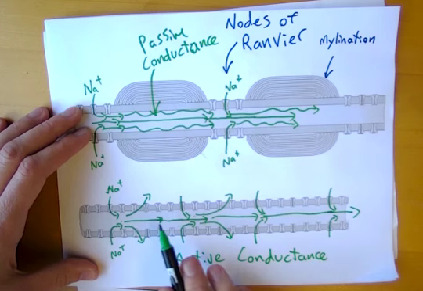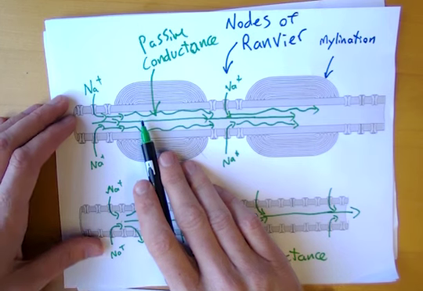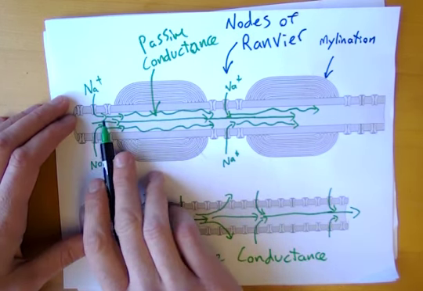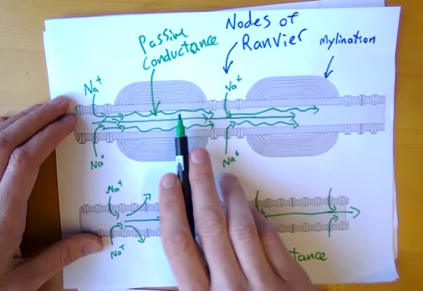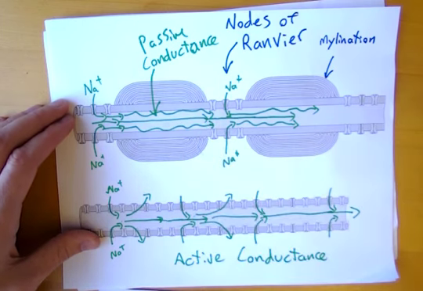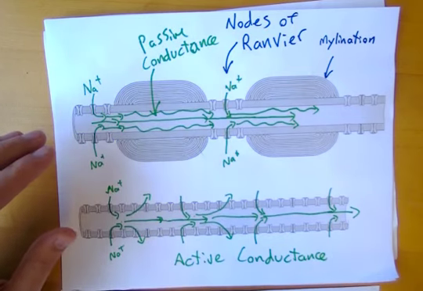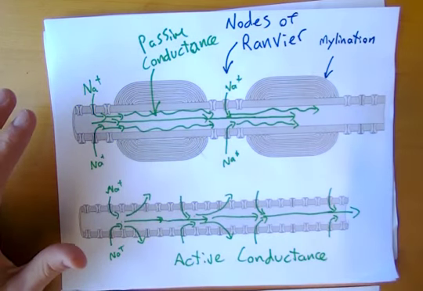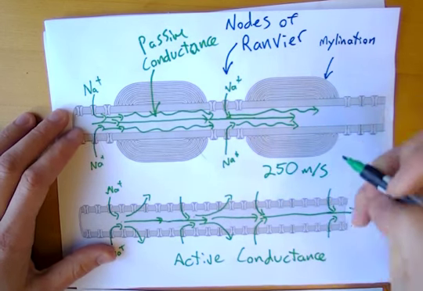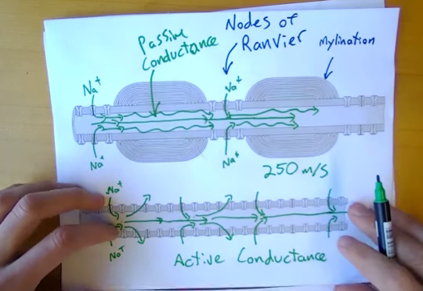So you've got a lot more of these little stops along the way compared to our myelinated sheaths, where it's just a little bit of active conductance to get you going, and then you can go a long distance without stopping, without having to open up any other protein channels to supplement the conductance. And so because of this, myelinated axons, their action potentials propagate much faster. We're talking about an order of magnitude faster than the squid axon, 250 meters per second. Pretty darn fast.